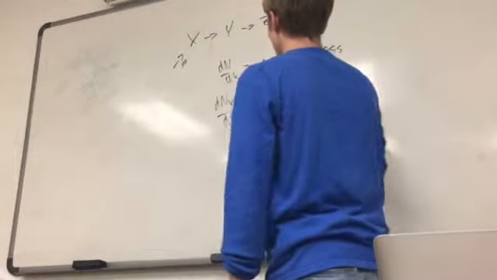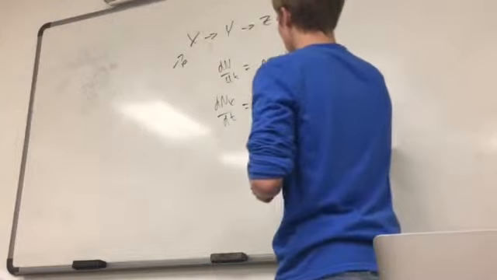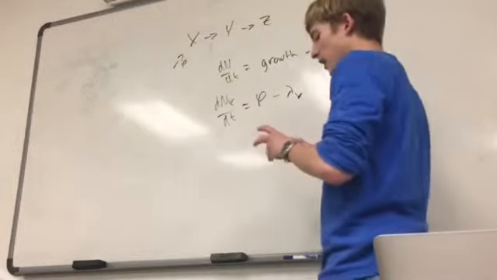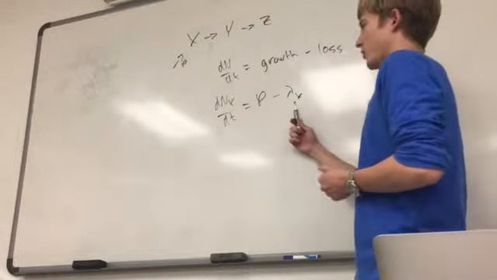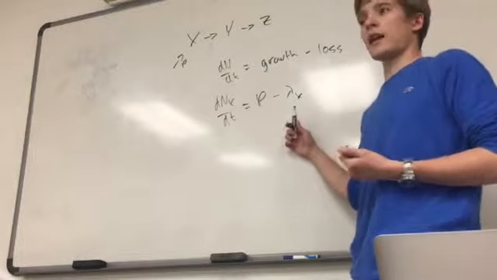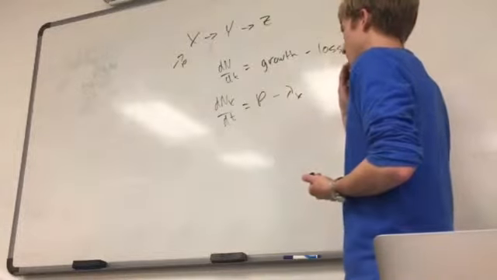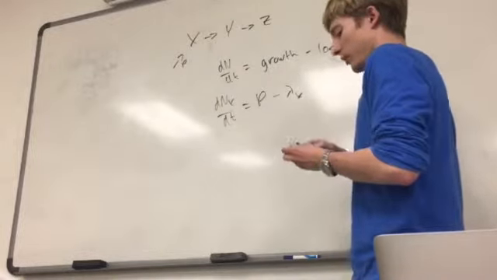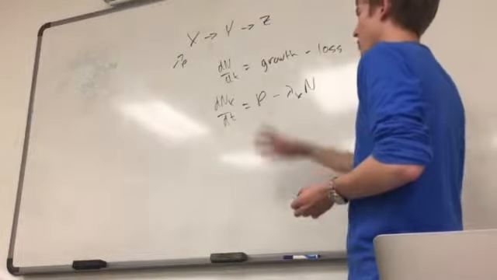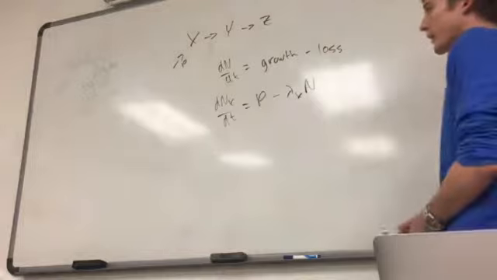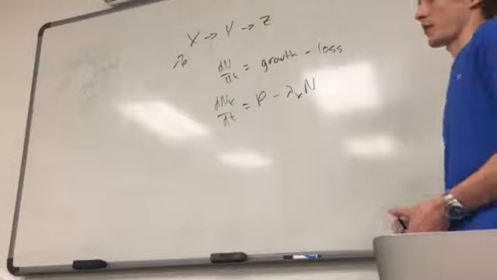So X is going to decay away at some rate, but that rate isn't simply its decay constant, because the decay constant is the rate at which a single nucleus decays, which is not exactly a very coherent explanation, but it's basically a statistical number based on decay. So you have to multiply it by the whole population. And so you would solve this differential equation to get the population.